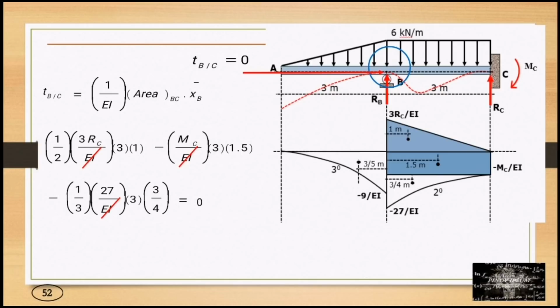Cancel out the EI. So, we have 9RC over 2 minus 9MC over 2 is equal to 81 over 4. This is equation number 2.